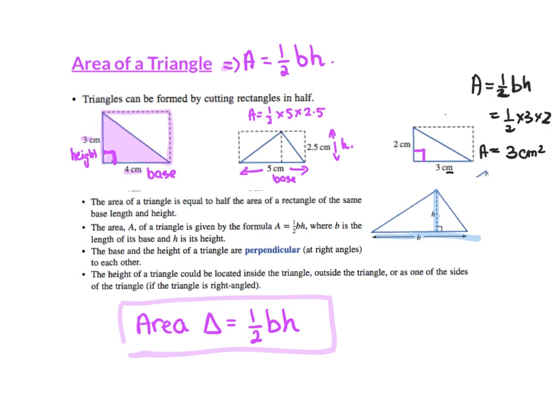If we finish off this one up here, it would be 1/2 times 5 times 2.5. You can do them on your calculator, that's no problem, which ends up being 6.25, and this one was centimeters squared also. Okay, this one at the start, area would be 1/2 base times height, 1/2 times 4 times 3, which equals 6 centimeters squared.